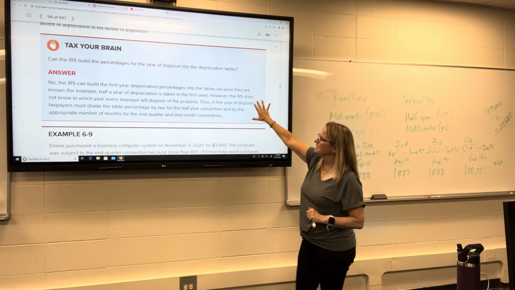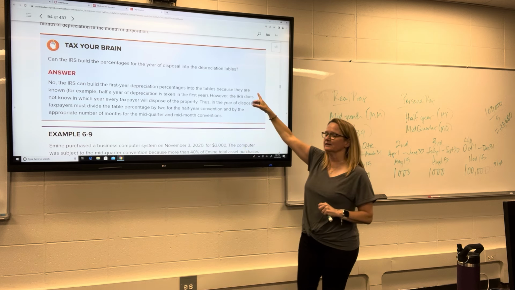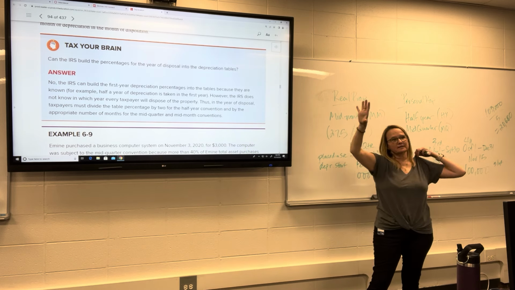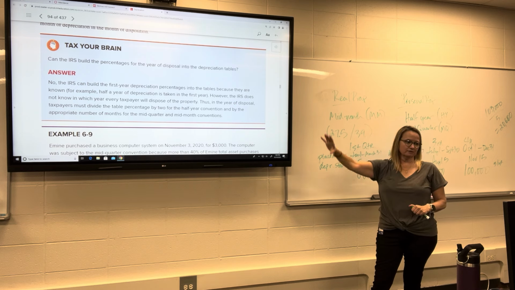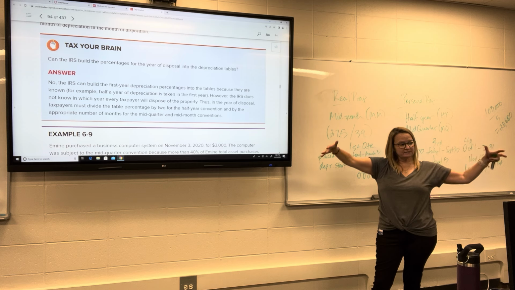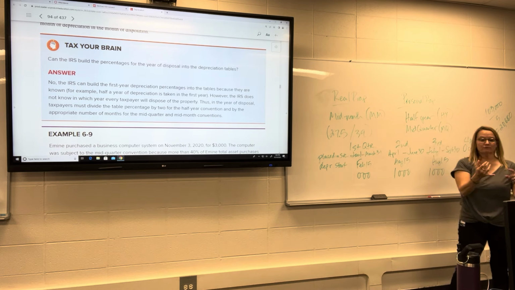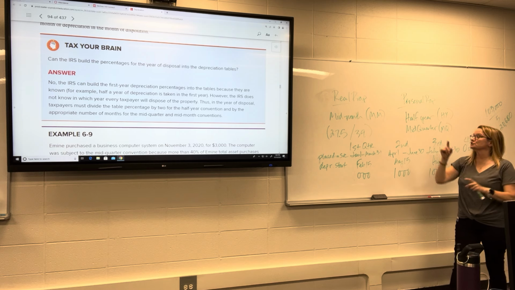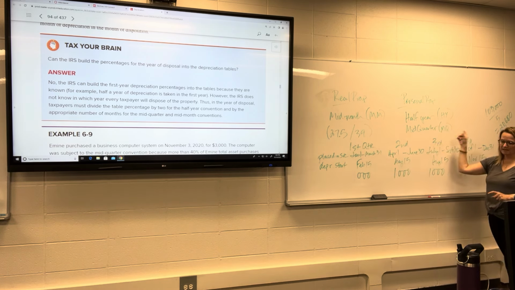All right, this kind of explains why the IRS cannot build into the tables the last year of depreciation, why we've got to do a calculation. So you'll see when we look at the tables, for each of the asset class lives, there's a table.